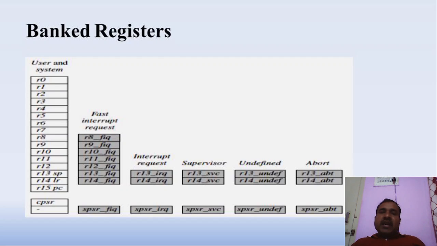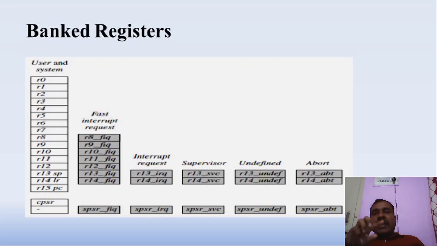So if a system is changing from user mode to FIQ mode, R0 to R7 are used in the FIQ mode also. From R8 to R14, FIQ mode has its own set, that is R8_FIQ, R9_FIQ, like that up to R14_FIQ. They map one to one onto the user mode.